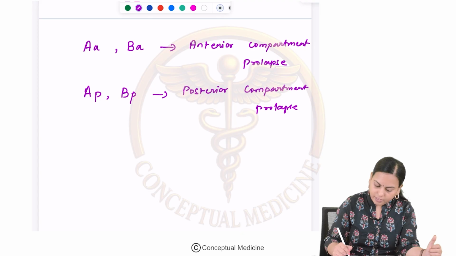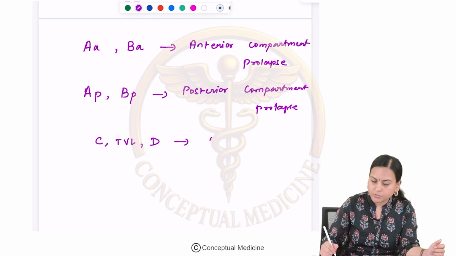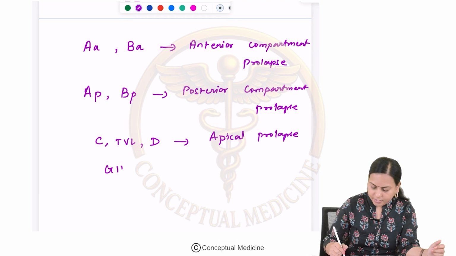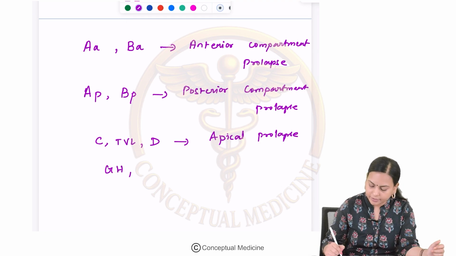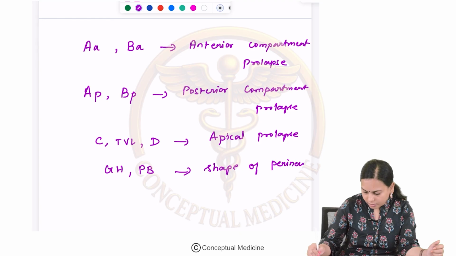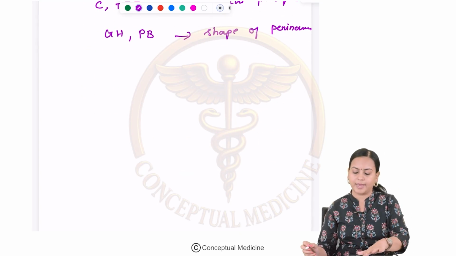And when you have any deviation in the values of C, that is cervix, total vaginal length, or the posterior fornix, there is going to be an apical prolapse. And finally, when there is a deviation in genital hiatus or the perineal body, the shape of perineum would be changed or defective or become lax.